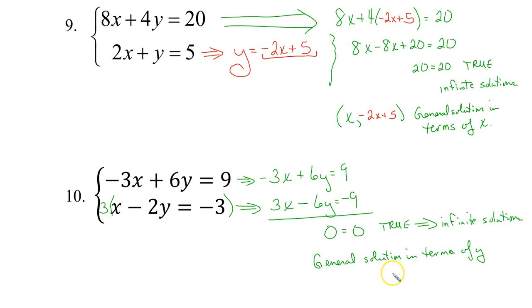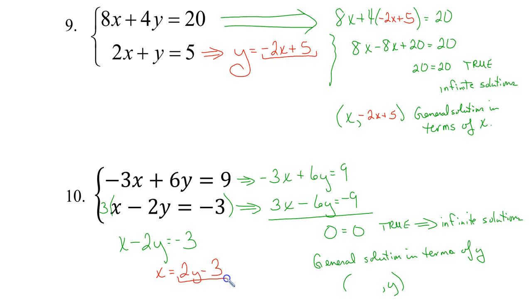In terms of y means in my ordered pair, I'm going to have y. So now what I need to do is find an expression for x that involves y. So if I look at this second equation, x minus 2y is equal to negative 3, and I solve this for x, that means I'm going to add 2y to both sides, so I get x is equal to 2y minus 3.